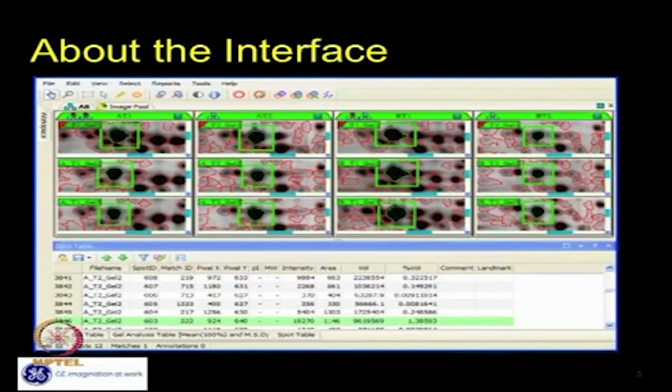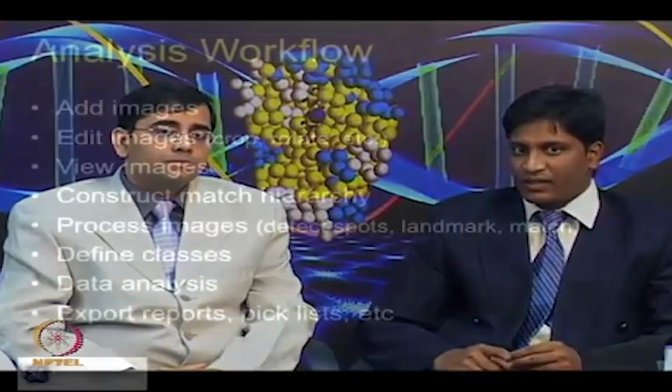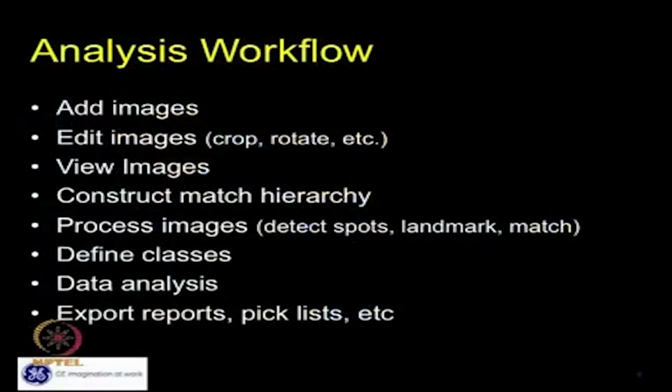If we look at the complete workflow of this software, first we need to add images, then edit the gel images. The editing is very important because during scanning one may have some extra portion of the gels, as well as some streaking of the gels at the cathodic end or anodic end.